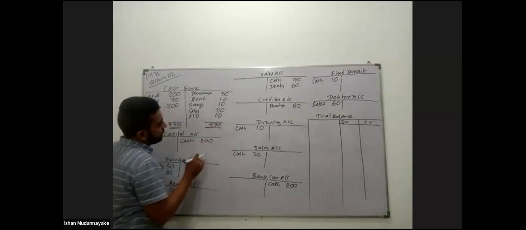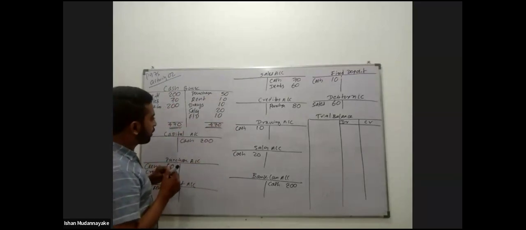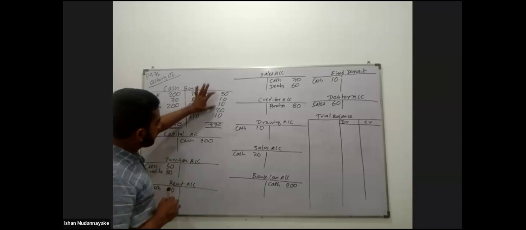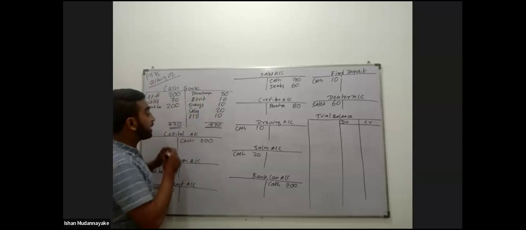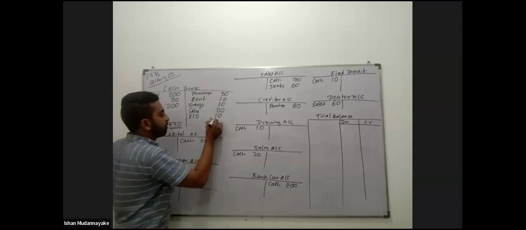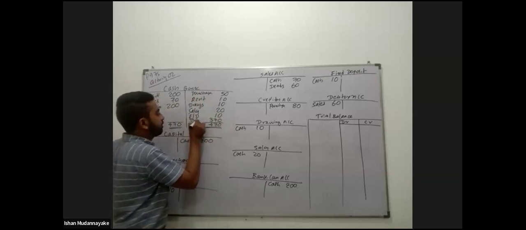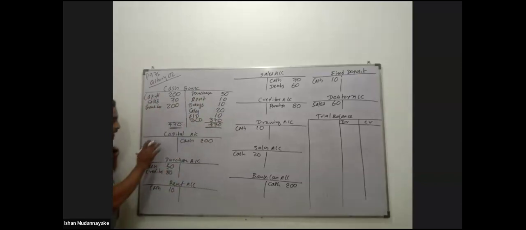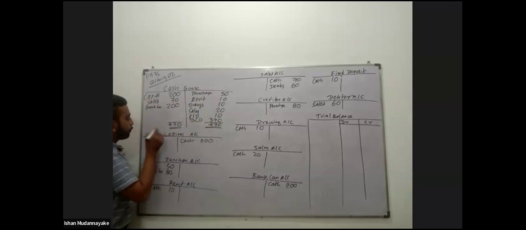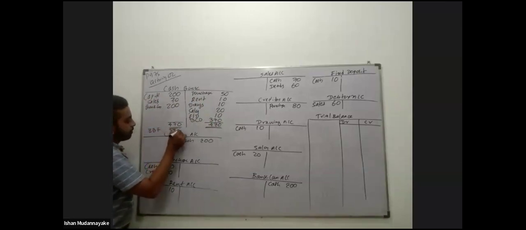The credit side total amount is 100. Then 470 minus 100 means 370. Balance carried down 370. And then here balance brought forward, BBF, 370.